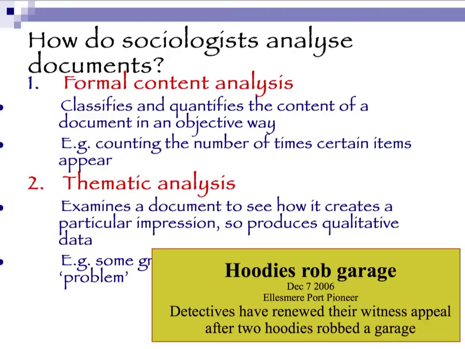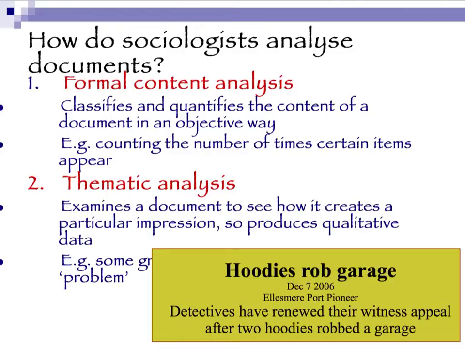For example, when looking at how certain groups are treated, okay, some groups may be presented as a problem when you look at the media, okay? And a good example is the one I've just placed on this PowerPoint. Hoodies rob garage. Detectives have renewed their witness appeal after 2 hoodies robbed a garage.